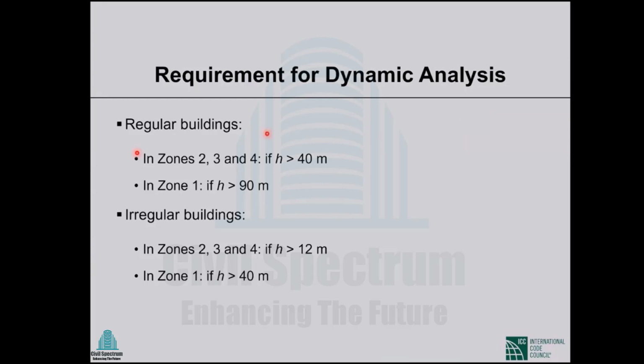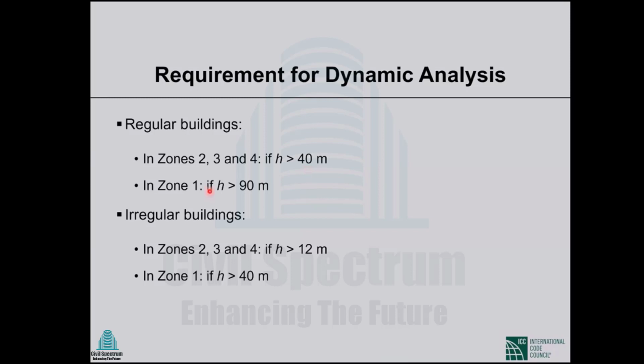For regular buildings in zones 2, 3, and 4, if the height of the building is more than 40 meters, like 13-story and above, you have to adopt a dynamic analysis method. You can no more use the equivalent static load method.